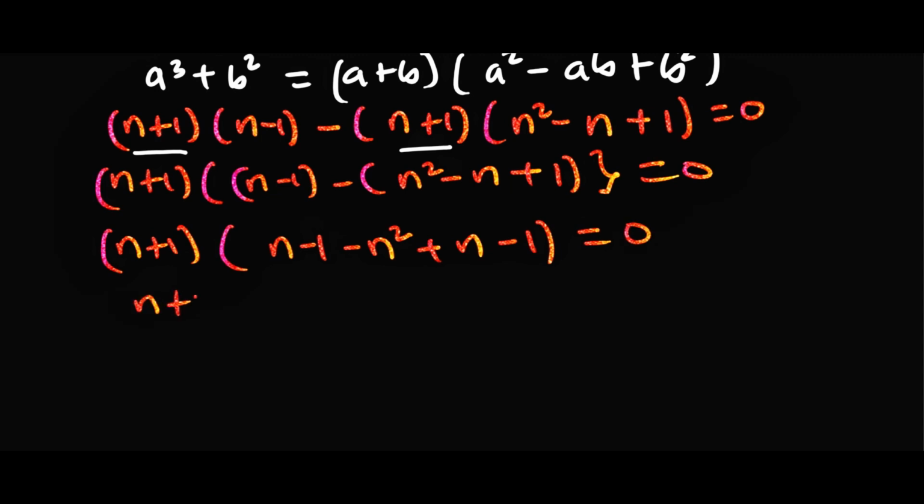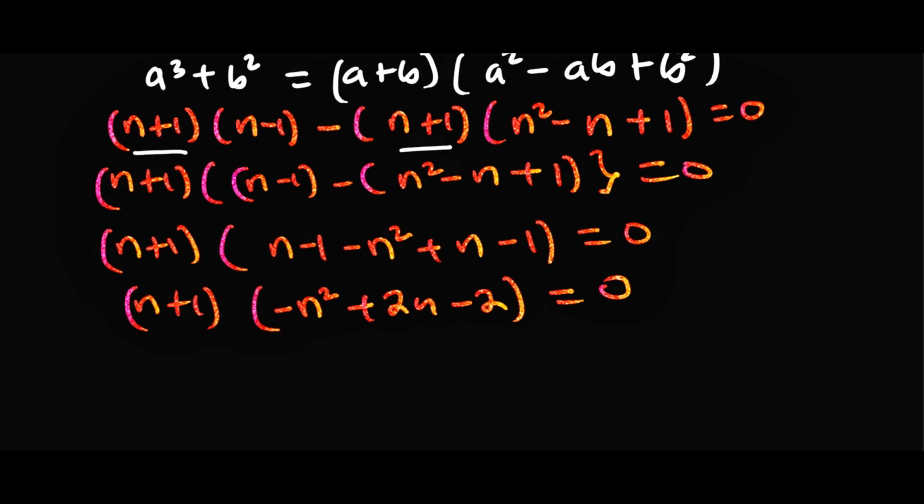So that we have n plus 1 into, we can use the highest power to start this. So we have minus n squared, then you have n plus n, that is plus 2n, and you have minus 1 minus 1, which is minus 2, and that's equal to 0. So the product of these two numbers is equal to 0.